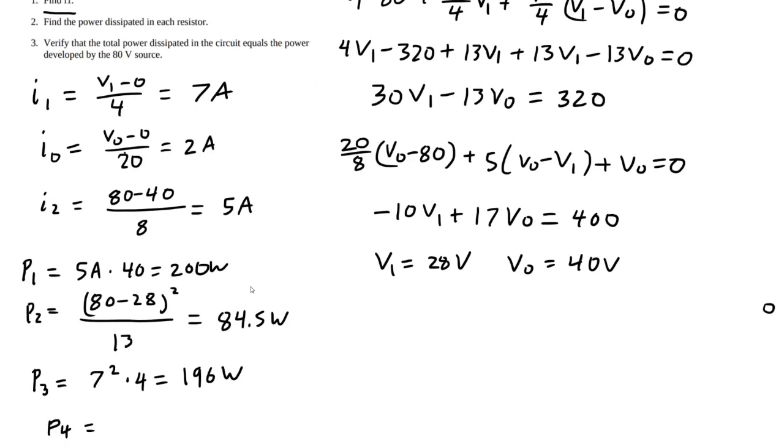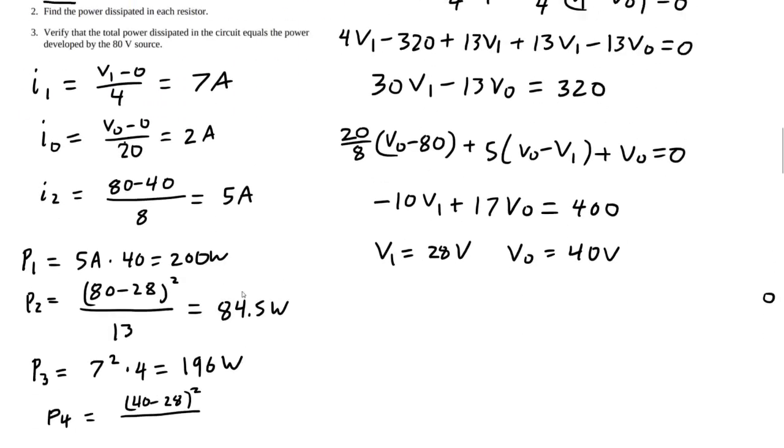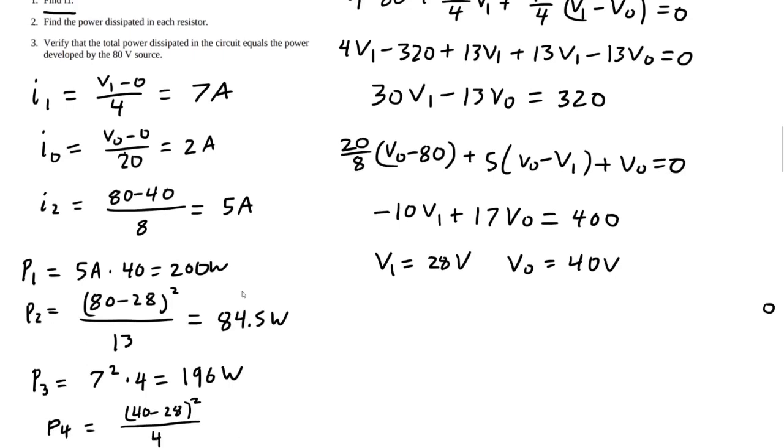So we're going to do 40 minus 28 squared divided by 4. 40 divided by, or no, 40 minus 28. So 144 divided by 4 is 3.5. That one's actually the most reasonable resistor here.